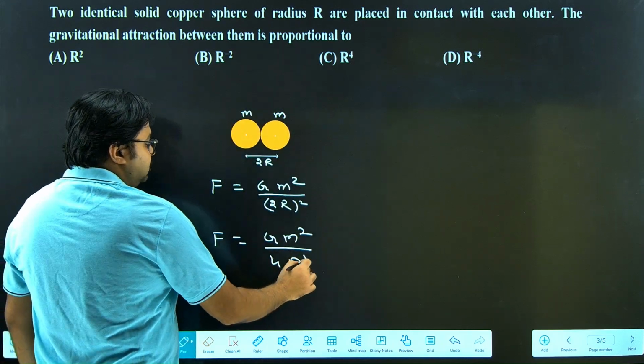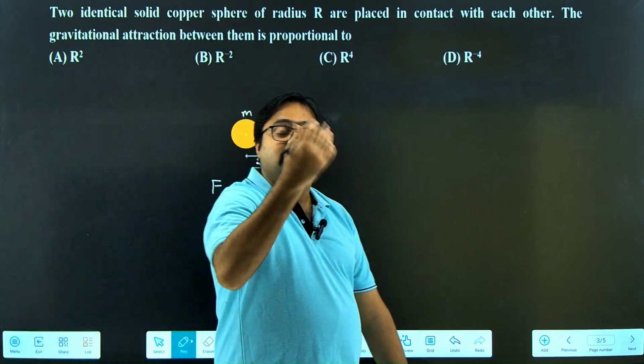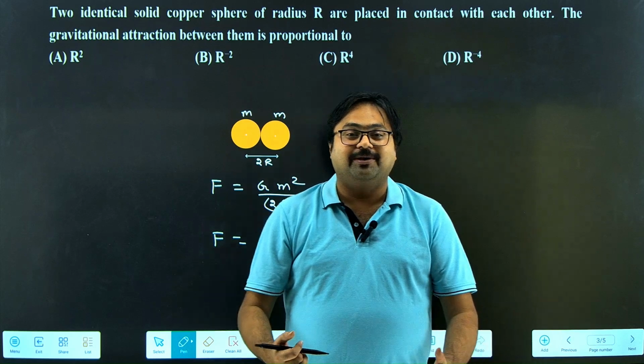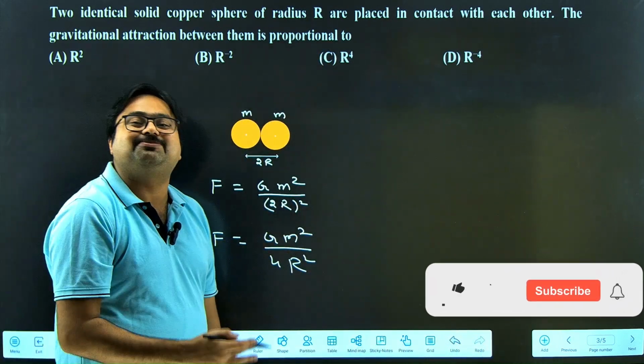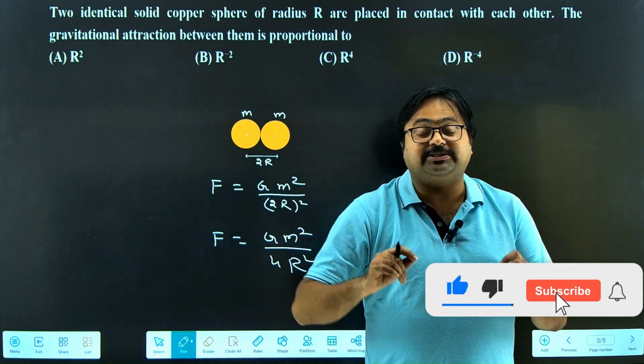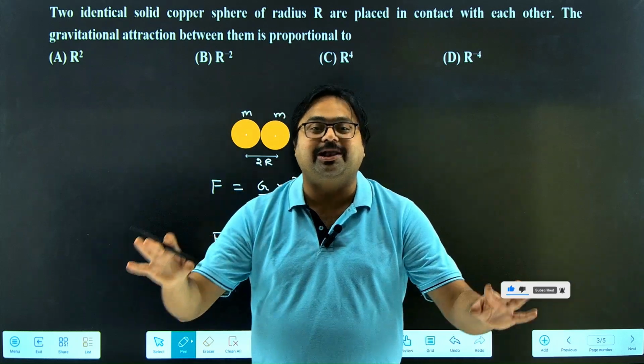Looking at these options, I have F inversely proportional to r square. If you ticked option B, you're going to be wrong, because the question does not say mass m. So your answer must not be expressed in terms of m, it must be in terms of r. If there is anything else in your equation, they must all be constants.